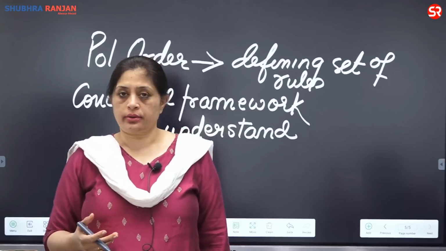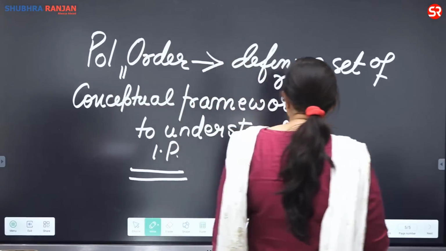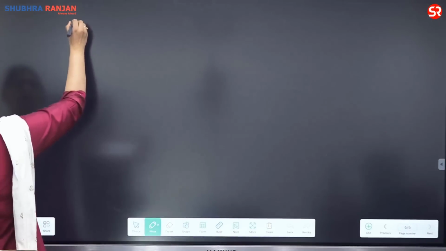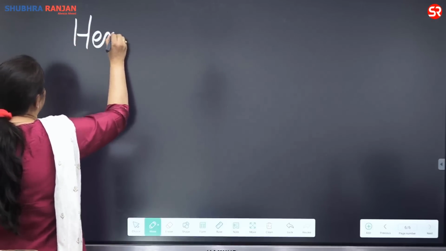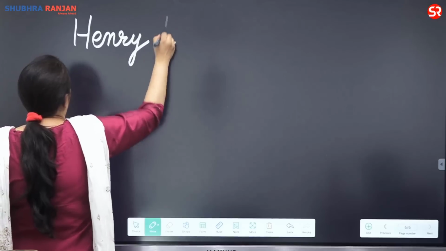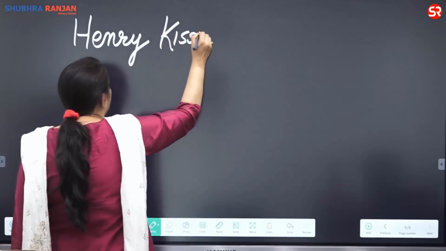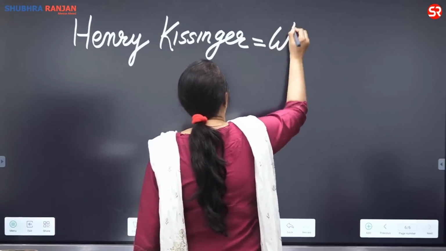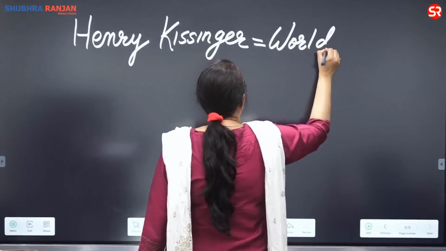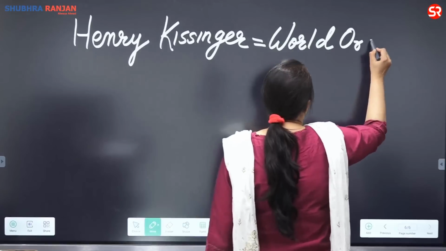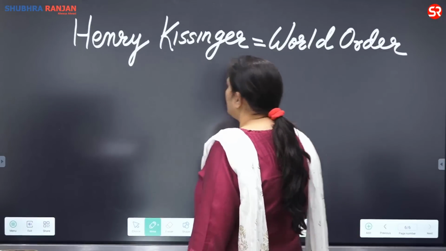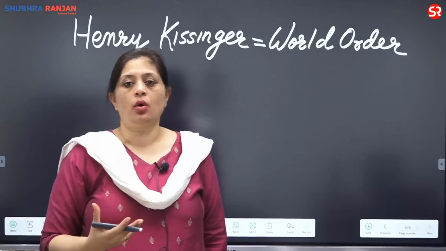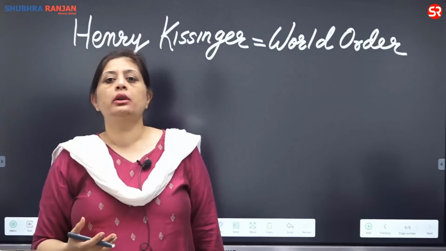the world order. Now, whenever a question on world order comes, you can always give reference to Henry Kissinger and his famous book, World Order. And Henry Kissinger says that there has never been a truly world order.